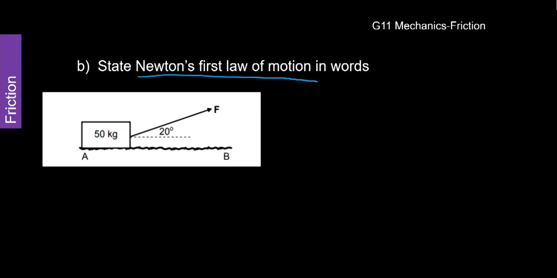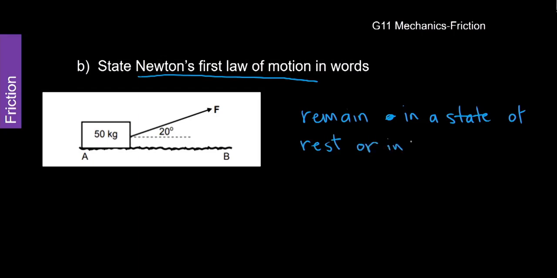And he says there that a body will remain, so let's write that, it is going to remain in a state of rest or in constant motion, constant meaning the same, there is no acceleration, constant motion, or velocity, we could say velocity.